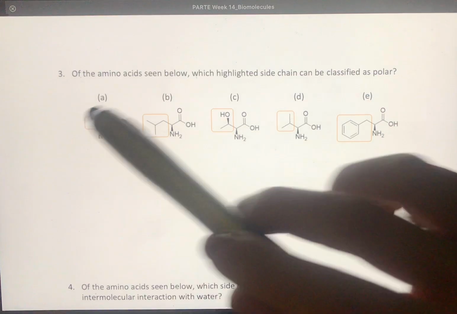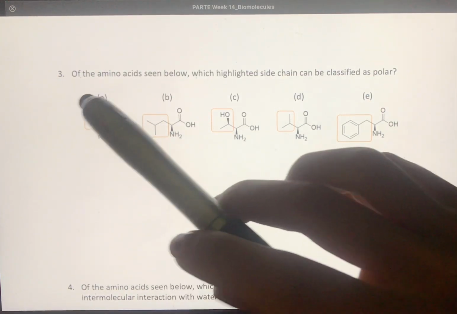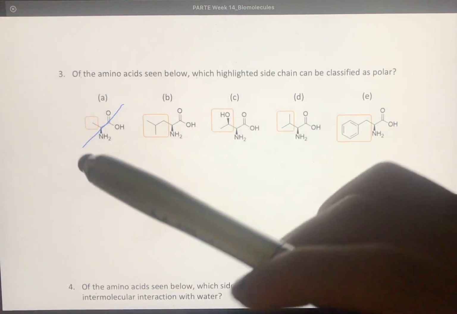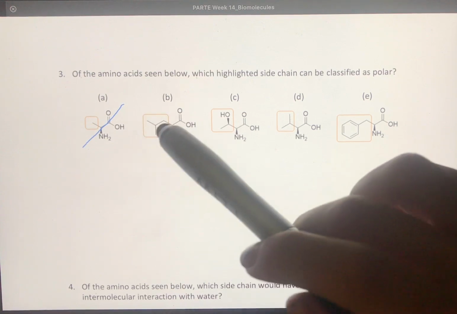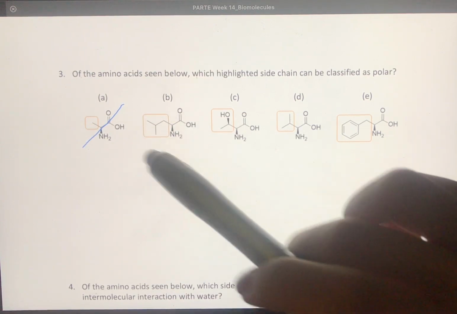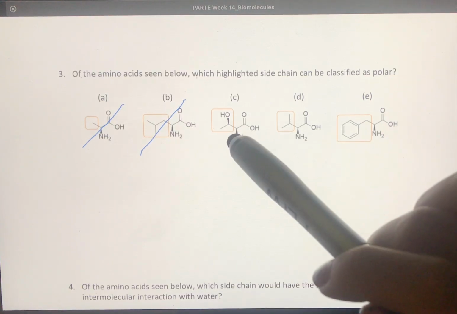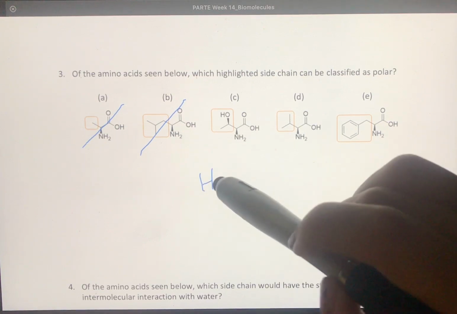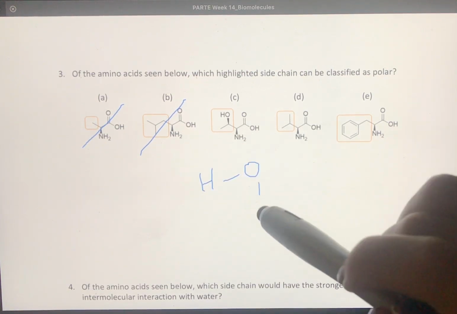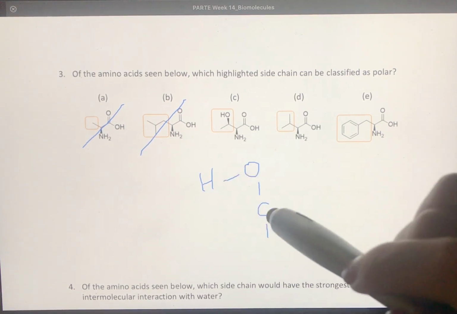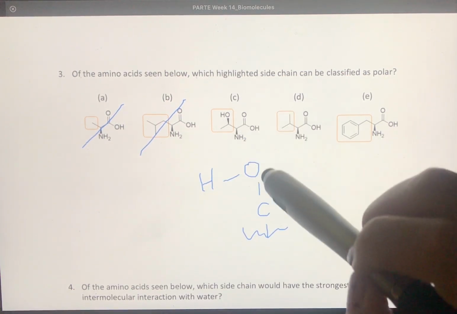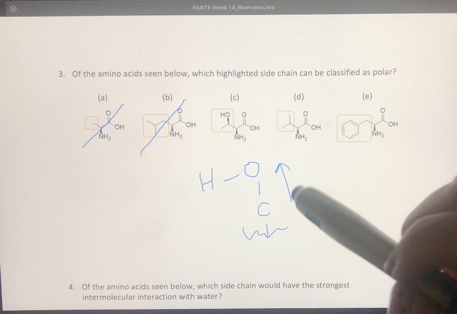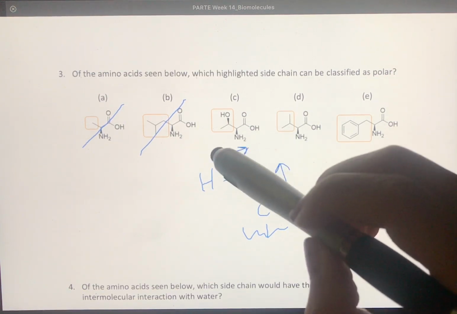So this side chain is just a carbon. So this one is not going to be polar because we don't have any polar bonds. This one is also only made up of carbon and hydrogens. So this one will not be. This one we have an alcohol. Our oxygen is going to be much more electronegative than either of these other two things that it's bonded to.